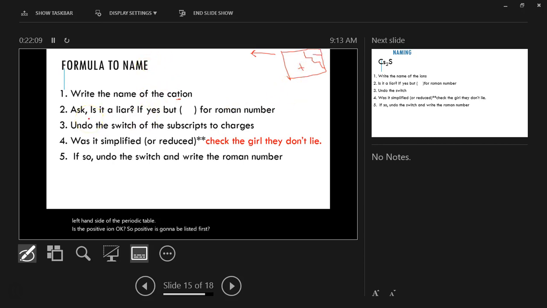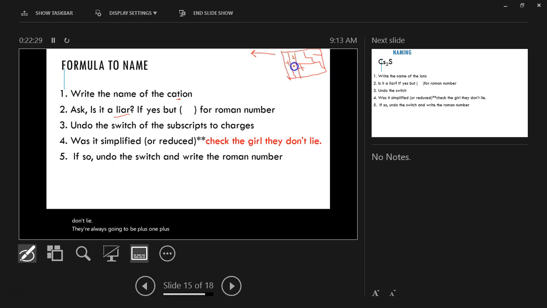Then the second thing you're going to do is ask, is that element a liar? And the reason I say that is the first 2 tall columns on the periodic table, they don't lie. They're always going to be +1 and +2.